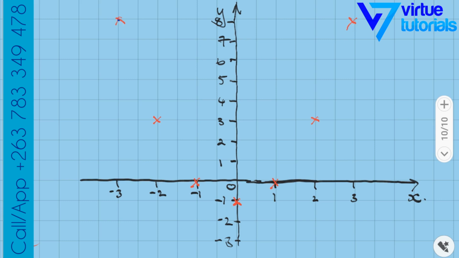So I start there, I stop there. Don't go beyond the first and last points. And that's my curve there. So I've successfully drawn my curve. You can try your own curves as well and see if you can go through this procedure.